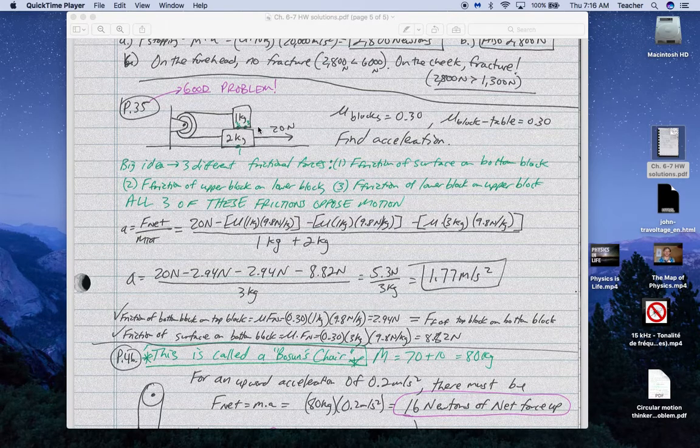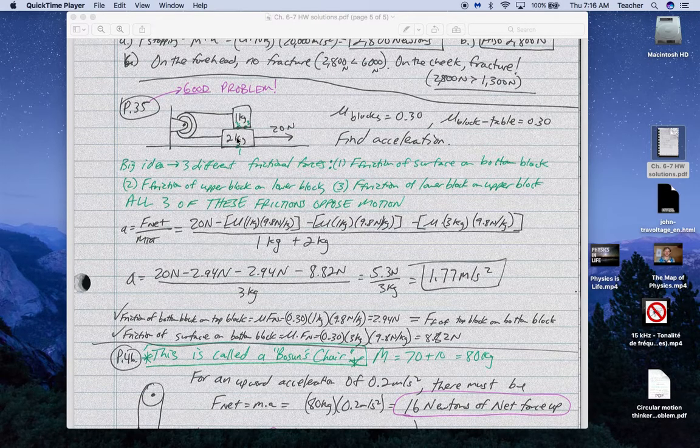There's also friction here between the top 2 blocks. Now, most people, my guess is they'd figure out that there's a friction on the 1 kilogram block caused by the 2 kilogram block. Okay, so that's mu mg. But the thing is because that's an interaction, there's also an interaction from the 1 kilogram block on the 2 kilogram block. So if you look at this, and I put 2 and 3 here, then the 1 kilogram block would be going to the left.